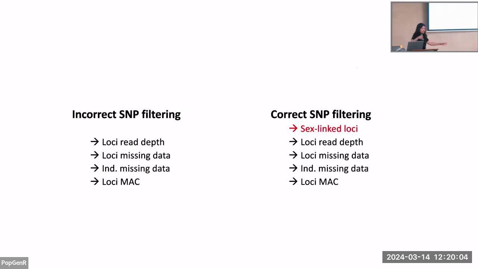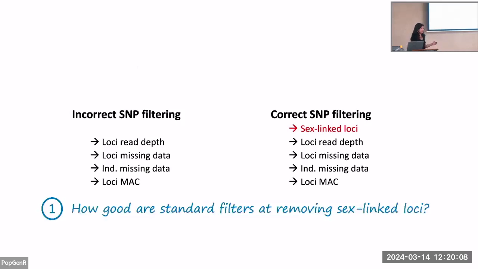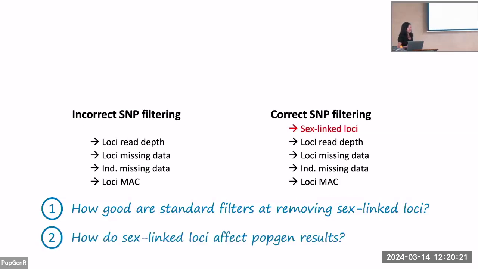So a sloppy one and a good one. And we asked two questions. First, how good are standard filters at removing sex-linked loci? So in the sloppy regime, do I get rid of sex-linked loci? And in the second, if I don't get rid of them properly, what happens to population genetic analysis?